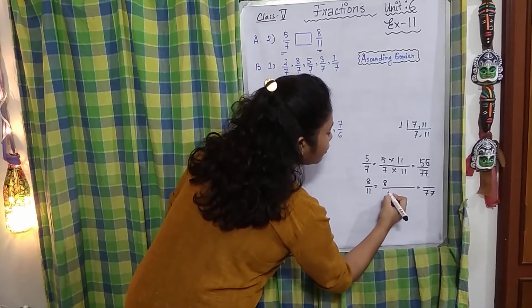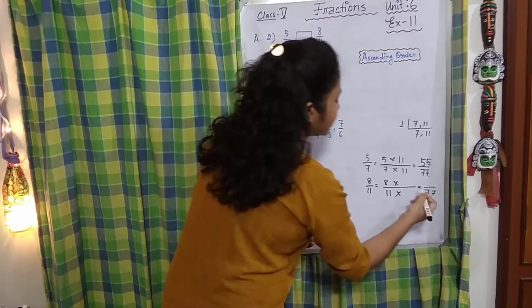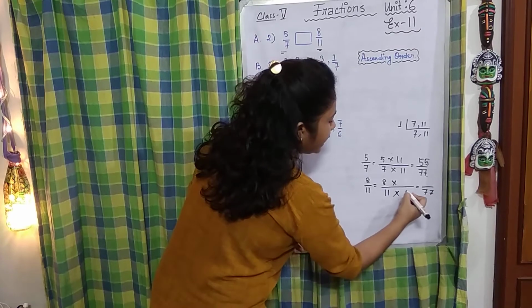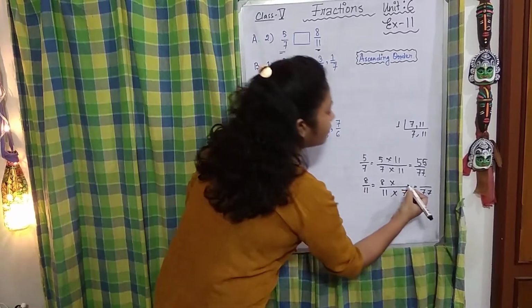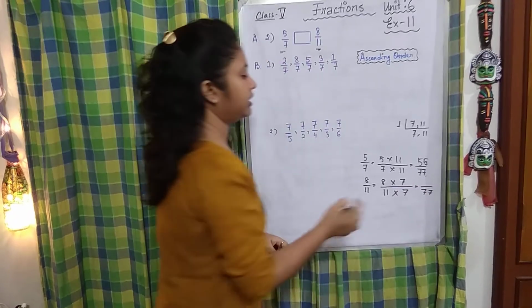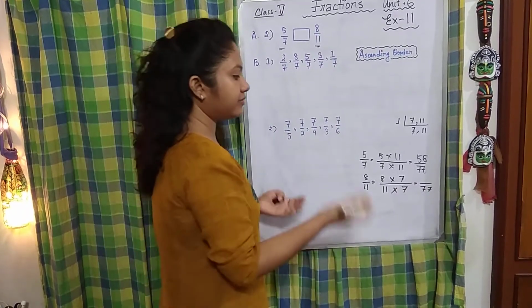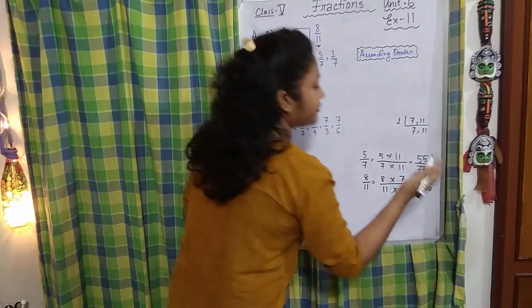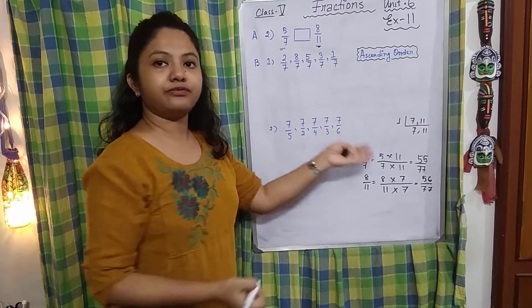A similar method we will follow in the next fraction, where 11 into 7 gives 77, right? So we also multiply the numerator, that is 8, with 7. 8 sevens are 56. So this is 56 and 55.